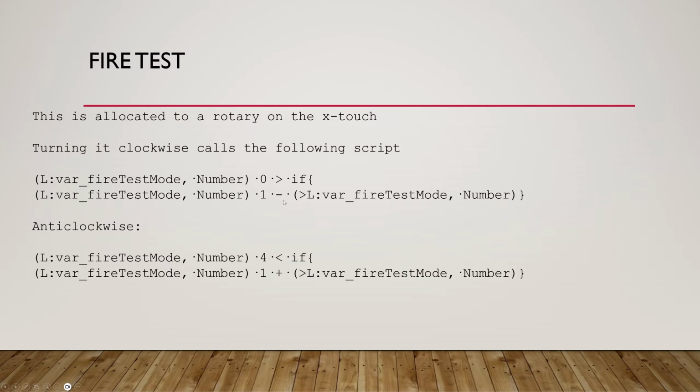Moving it clockwise subtracts 1 from the mode. Anti-clockwise, again, make sure we don't go above 4, and add 1 every time we click the button around. So fairly simple to work. Quite complex behind what's going on, but that's the fire test.